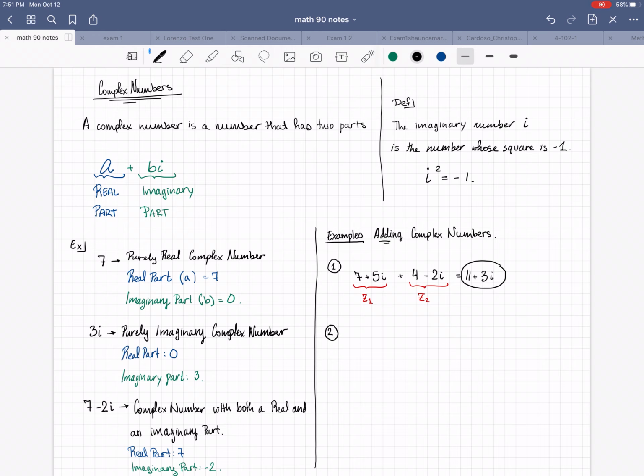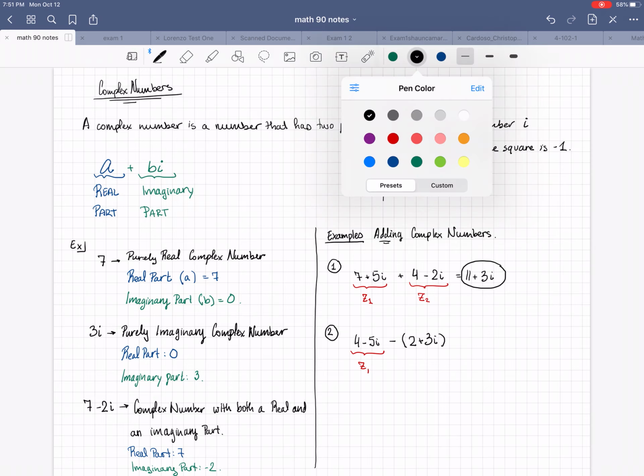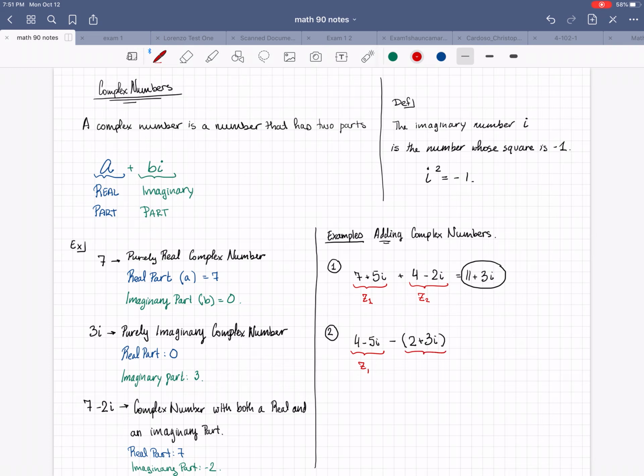So let's do another example. Let's say that my first complex number is 4 minus 5i. So we'll call this z sub 1. And then let's say that I'm subtracting the complex number 2 plus 3i. Okay? Now you'll notice that I put parentheses around the number that I'm subtracting because I want to make sure you understand you're subtracting that whole number.